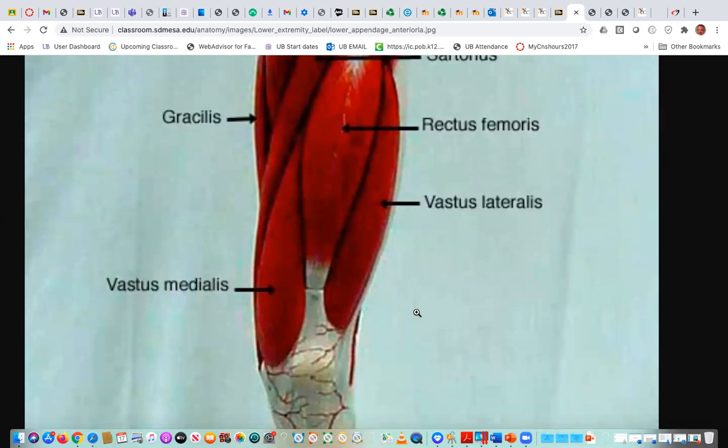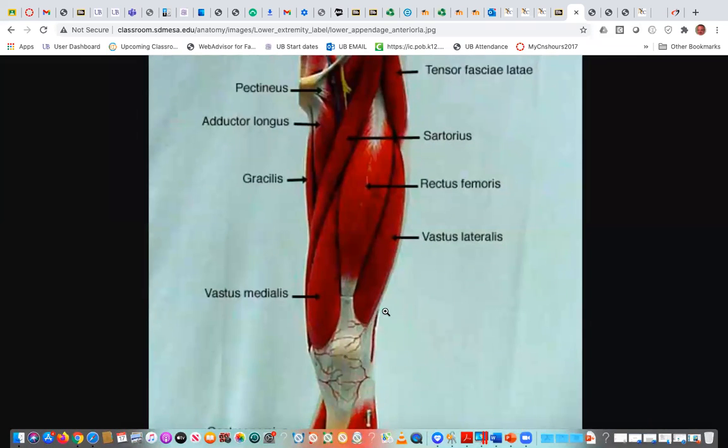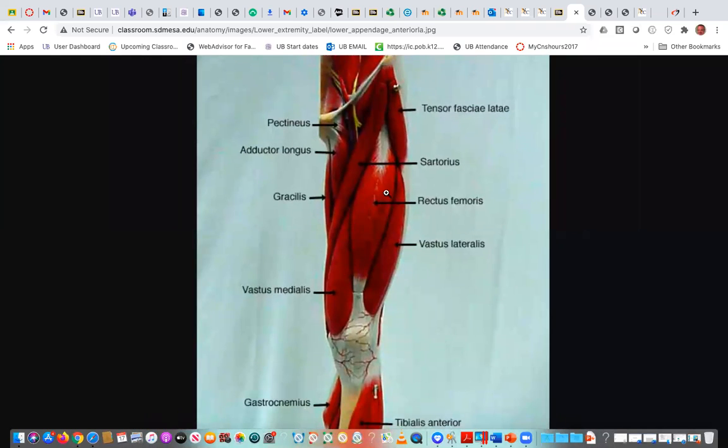It's called the iliotibial band or the iliotibial tract. We'll see it when I rotate this to the side and we look at it from the lateral view. So the TFL is a hip abductor. It abducts the hip. You can also flex the hip a little bit because it is anterior, but because its attachment is on the iliotibial band, which is a lateral structure, it abducts.